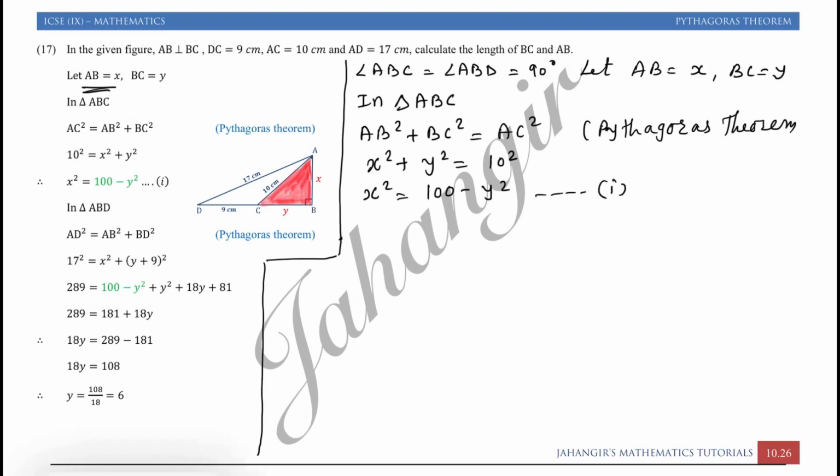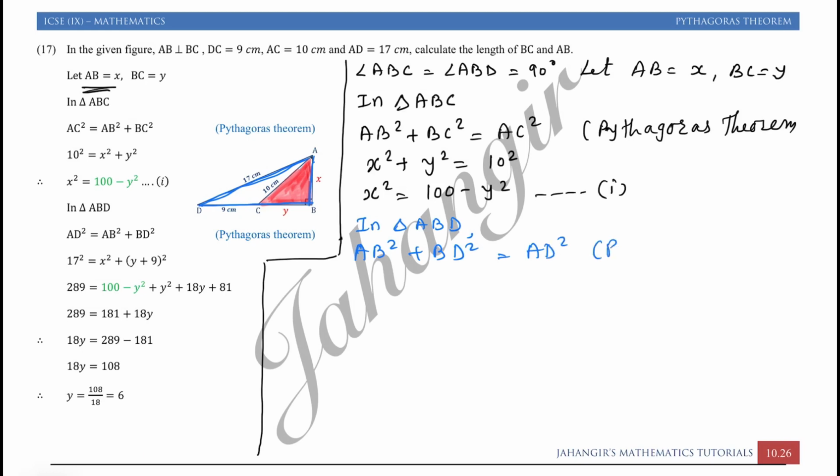Now I am going to take the full triangle because we have only two choices. There are two right angle triangles. Pythagoras works only in a right angle triangle, that you have to keep in mind. We will take triangle ABD. So AB square plus BD square is equal to AD square.